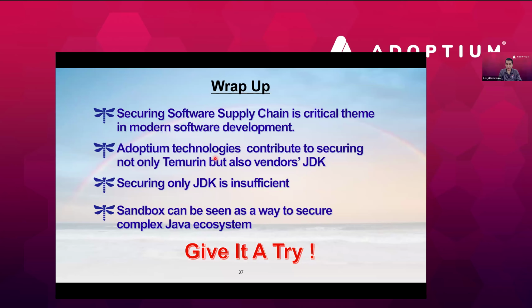I introduced some sandboxes today. Of course, sandboxing technology does not solve everything, but using technology like seccomp and AppArmor may mitigate the risks. If you are interested in this technology, please give it a try. So that concludes my presentation. Thank you very much for your time and attention.